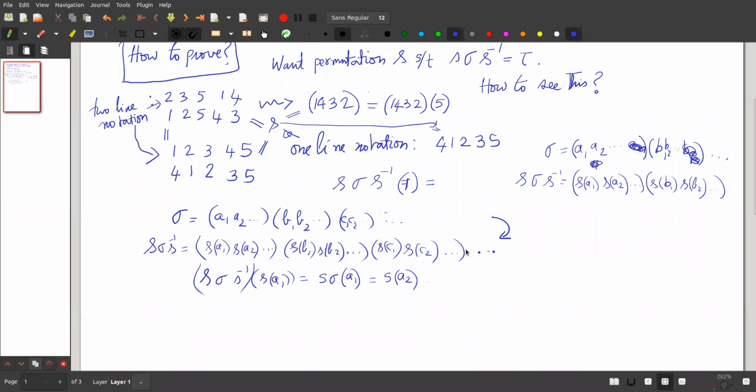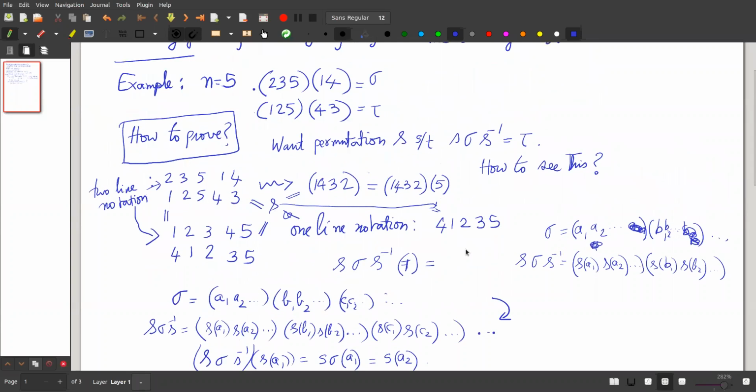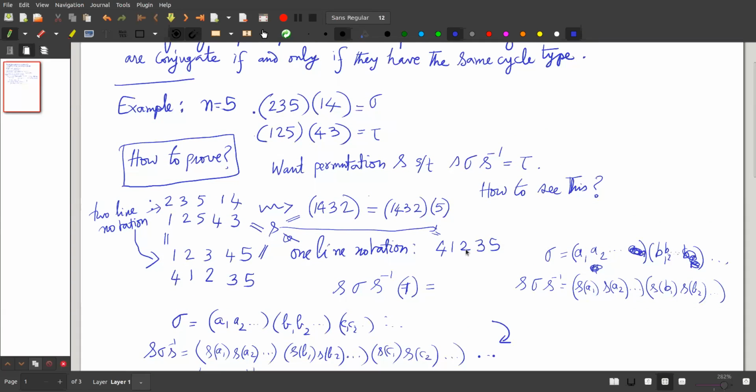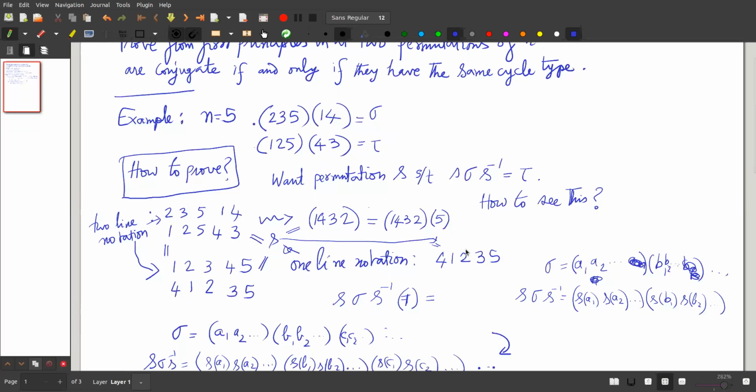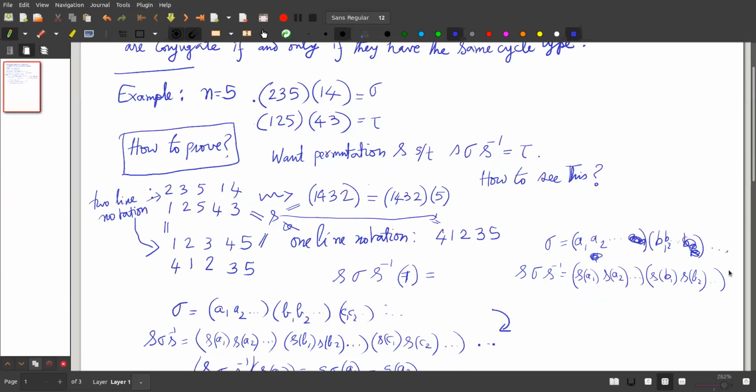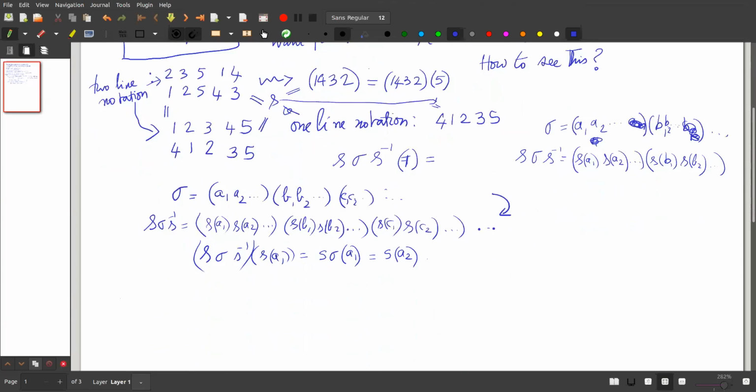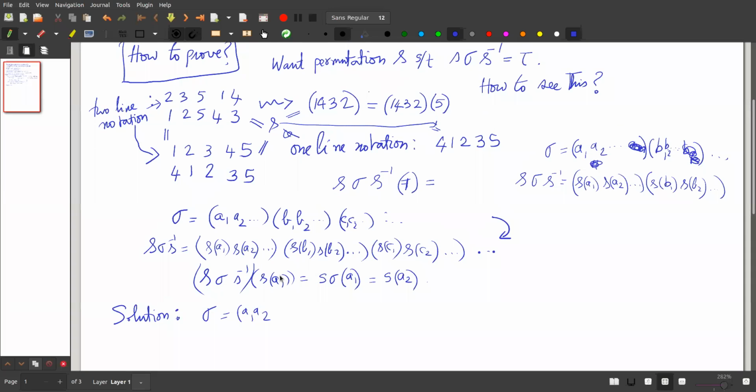one part of this problem is solved, right? If I am given two cycles, let them be A1, A2, B1, B2, and so on, here is the solution. If you write sigma is equal to A1, A2, and we are given that they are of the same cycle type.